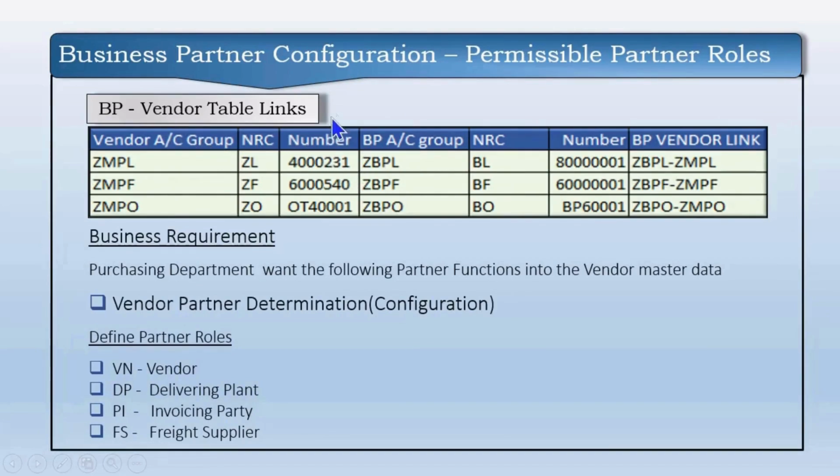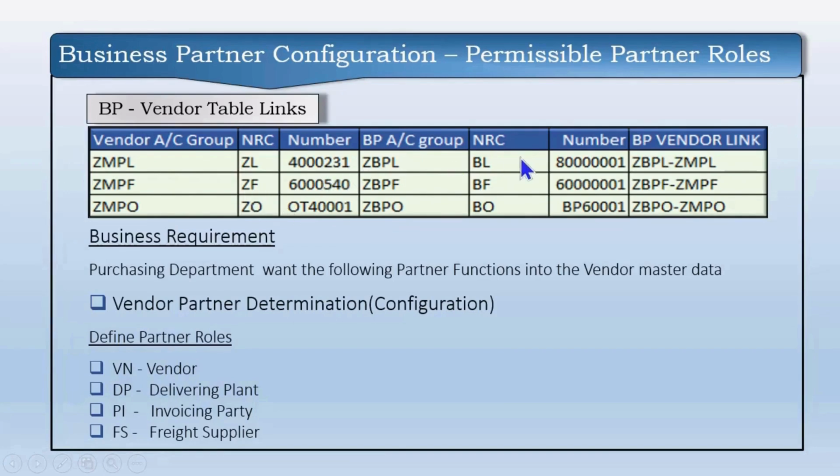Users, we did all the configuration. When you look at this table, it will show you what all we have done and how we mapped all the groupings together, BP groupings and the vendor account grouping. This is just to have a clear concept and understand how we create the groups and how the system links it.